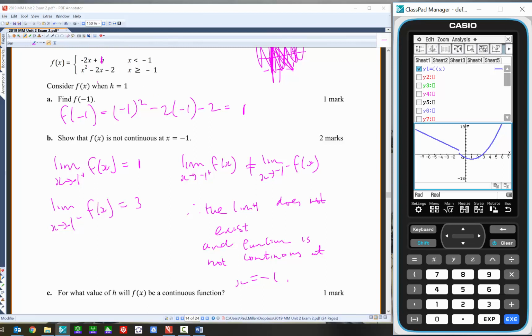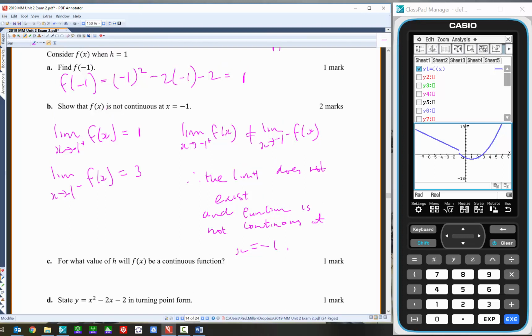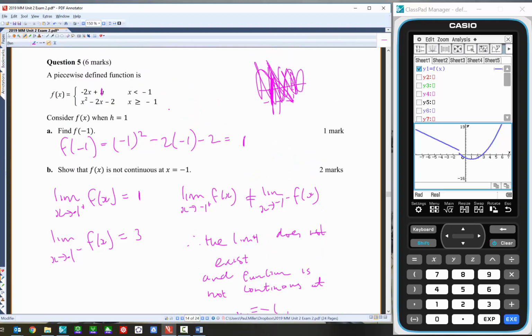And what we've got to do for part C, we have to scrap this question on your paper, but we're going to say that h, if we can vary it, what we would do is drop it down. Okay, now how far? Well, this endpoint here, we've just ascertained that that's going to be at 1.